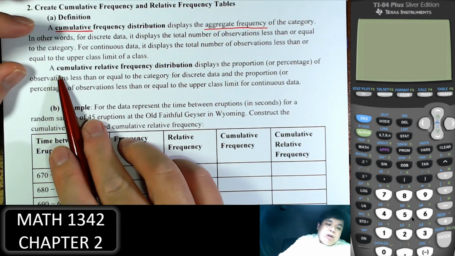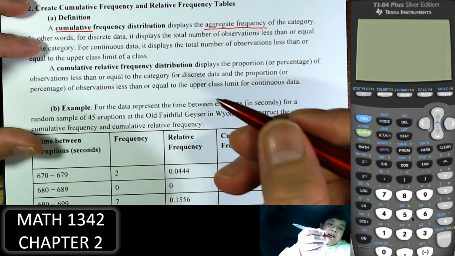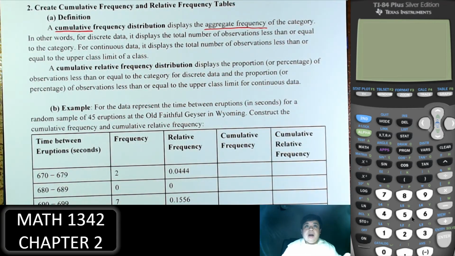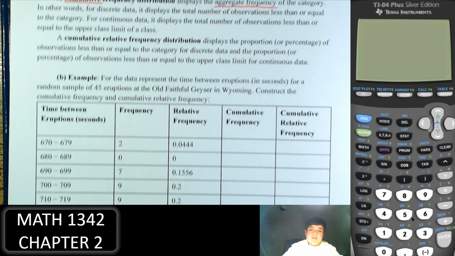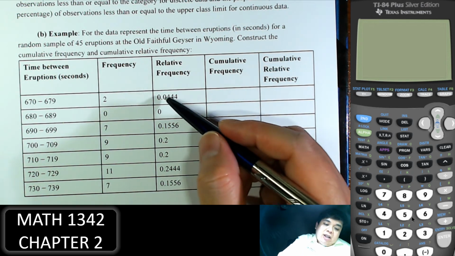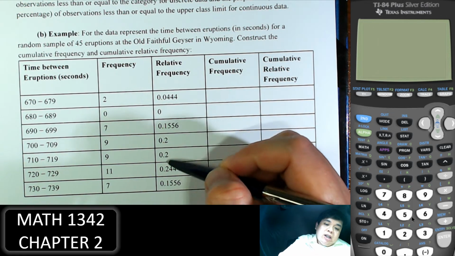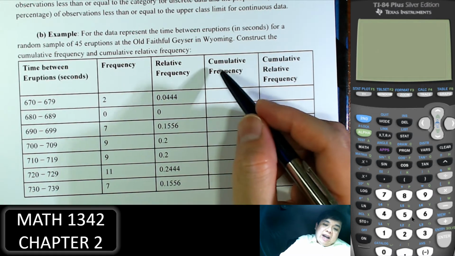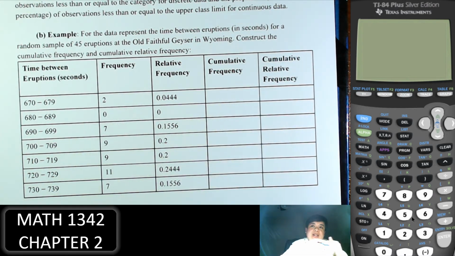Of course, we can use percentages as well, but again, it is aggregate values. Meaning that you count everything from that point and everything before that. So now, with the relative frequency and the frequency, the cumulative will be everything up to that point.